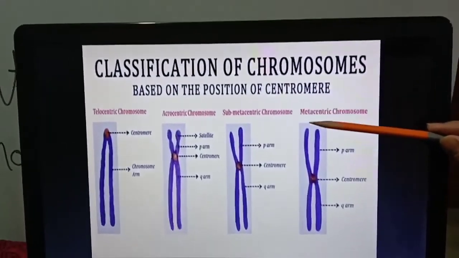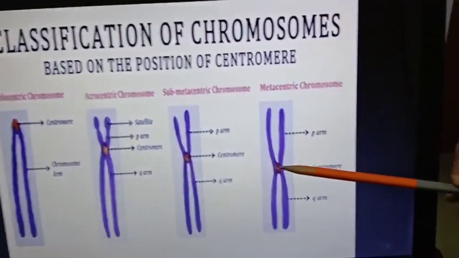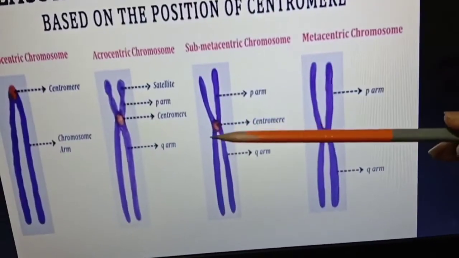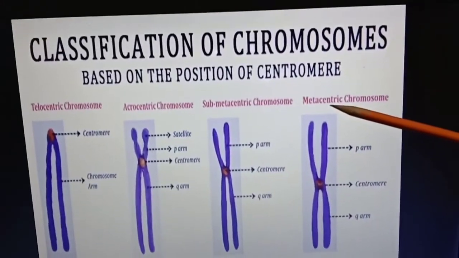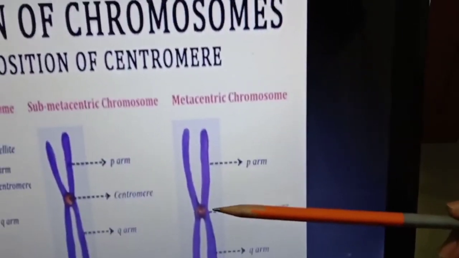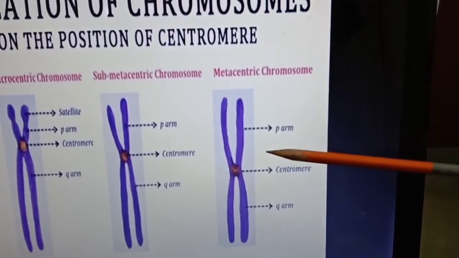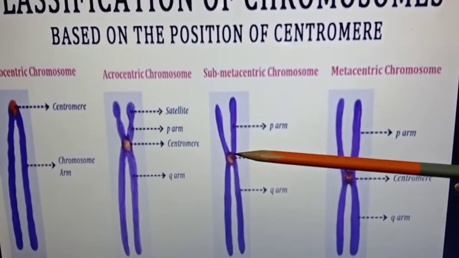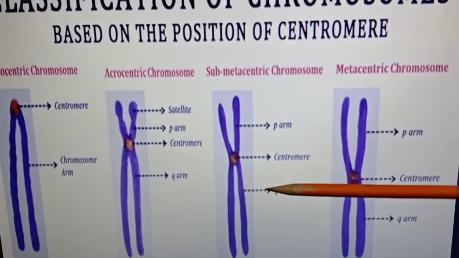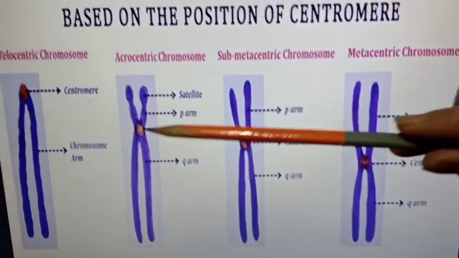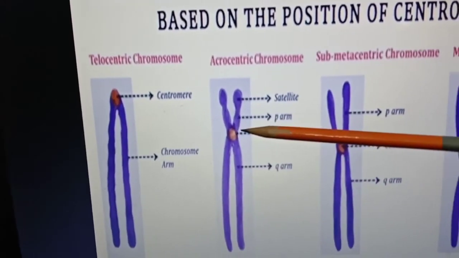You can see one more image here, how the position of the centromere classifies the chromosome into different types. So you have here the metacentric, the centromere in the center, P and Q arm are the same. For submetacentric, it has shifted from the center, so the P arm is smaller than the Q arm. This is acrocentric, where you can see it is quite away from the center.